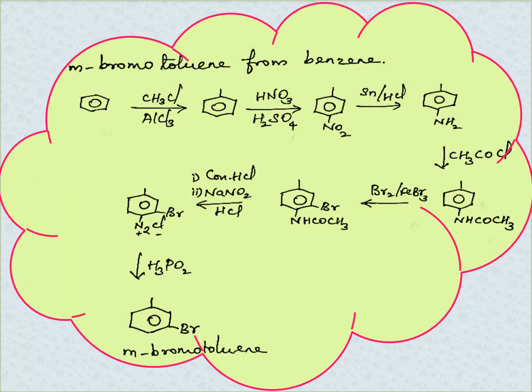And the next conversion is metabromotoluene from benzene. So we should know the structure of our expected product, then only will we be able to follow the steps. We have to know which steps have to be followed.